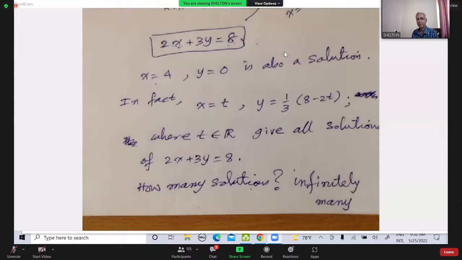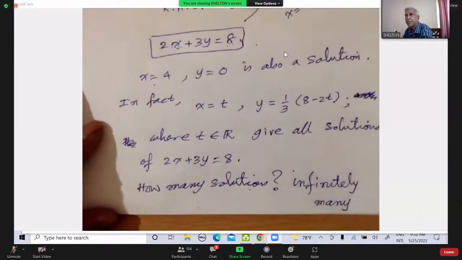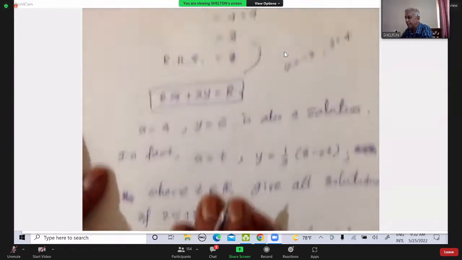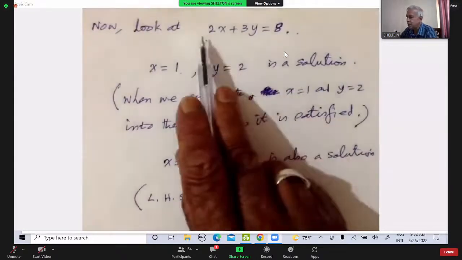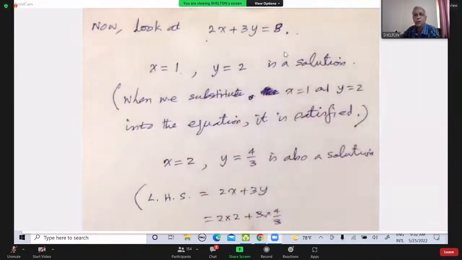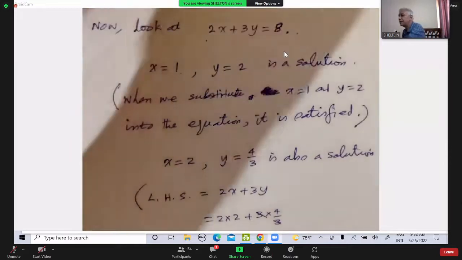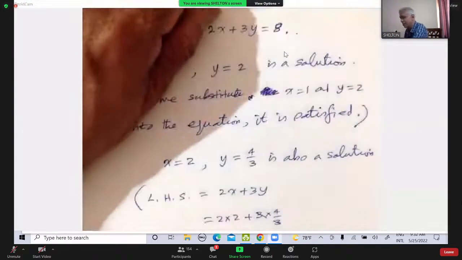You have to say things in a precise manner without putting misconceptions into students' minds, or anyone's mind for that matter. So one equation in two unknowns, there are infinitely many solutions. So now that brings us to what we mean by a solution again.